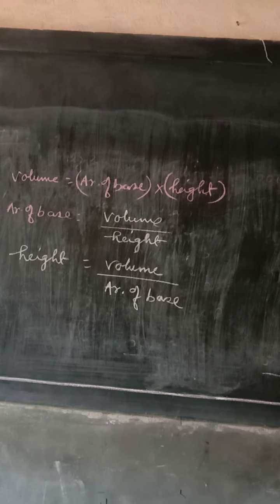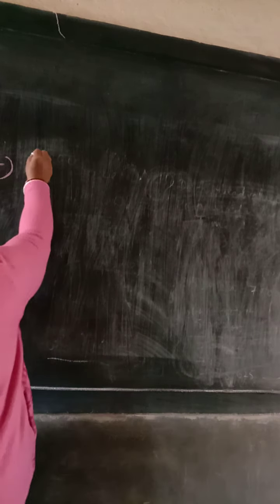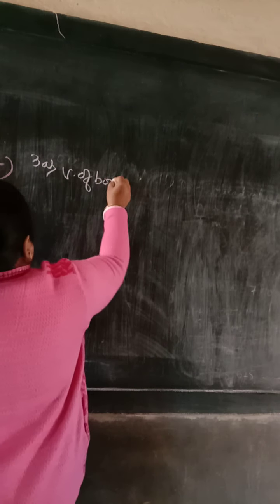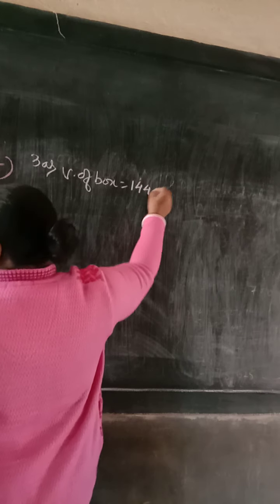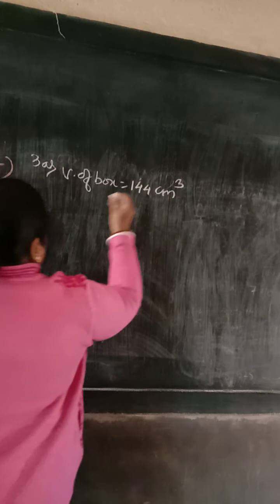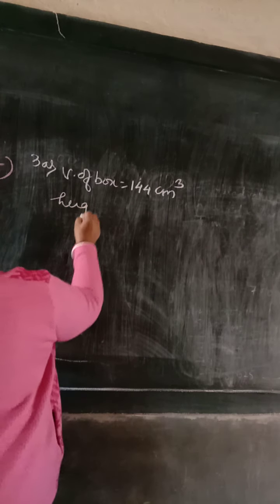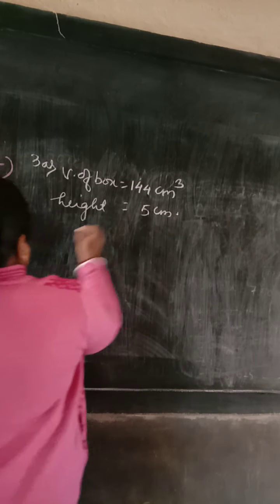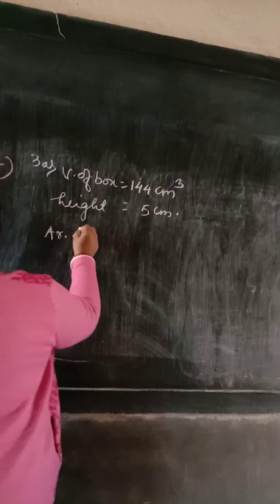You can see question number 3a. It is given that the volume of the box is 144 centimeter cube and the height is 5 centimeter. So what would be the area of the base?